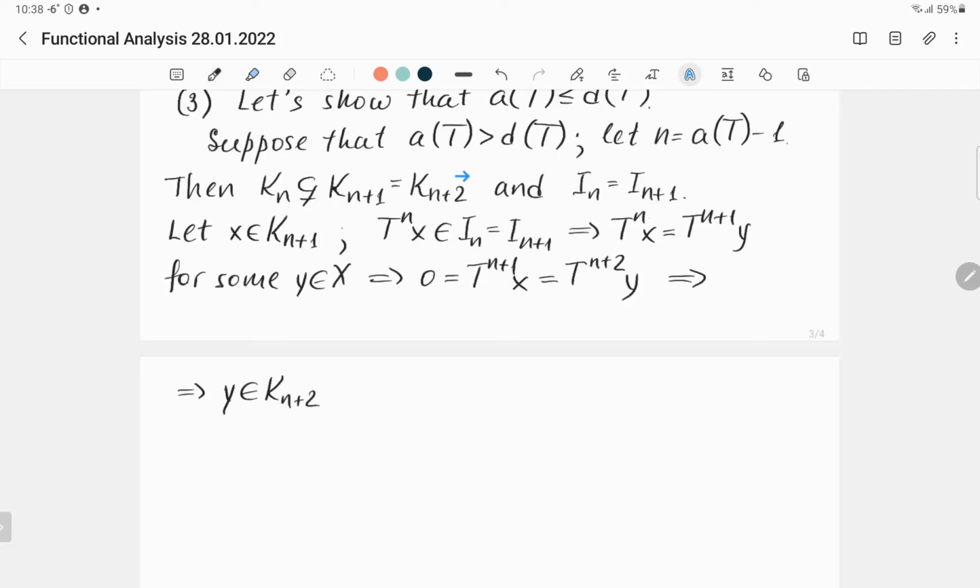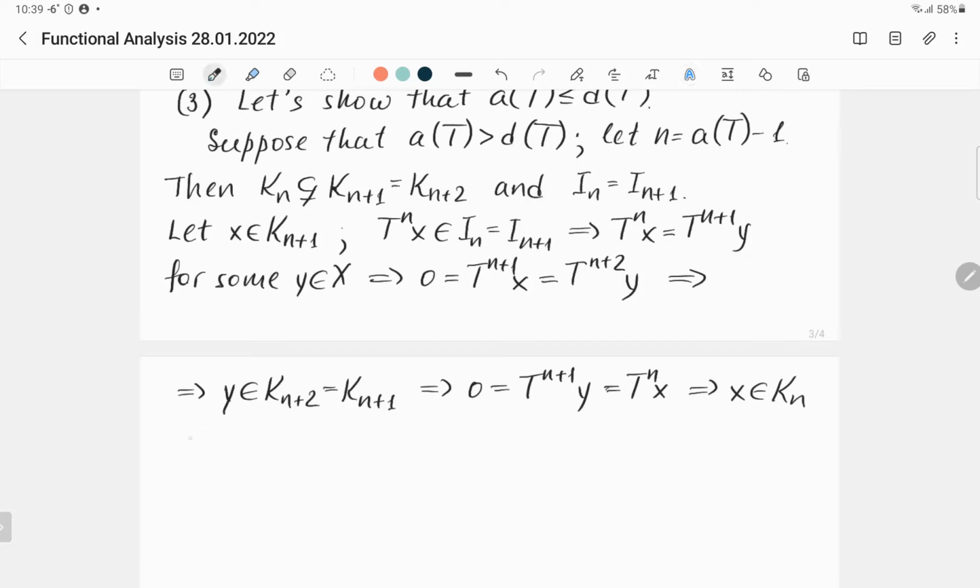And by assumption, Kn plus 2 is equal to Kn plus 1. So if we apply T to the power n plus 1 to y, we get 0. But T to the n plus 1 of y is equal to T to the n of x. And so x belongs to Kn. So we see that an arbitrary vector which belongs to Kn plus 1 actually belongs to Kn.